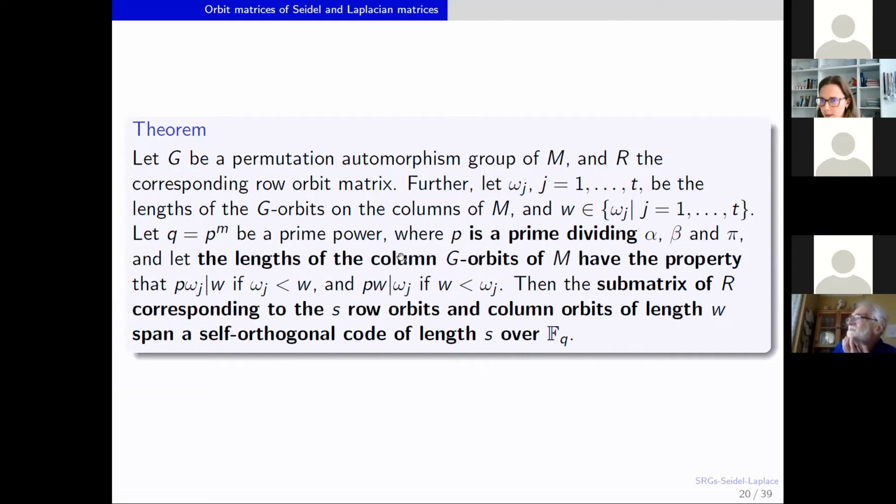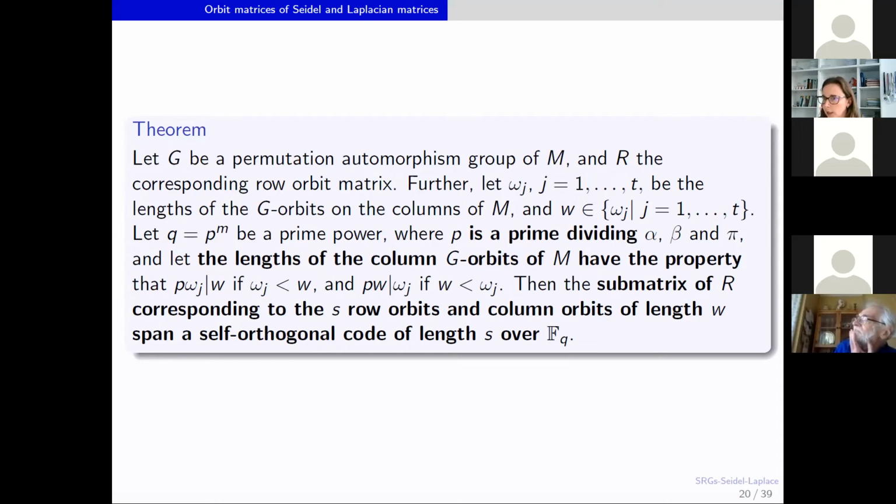So if Q is a prime power, where P is a prime dividing alpha, beta, and pi, and if the lengths of the column orbits have the property that P times omega j divides W if omega j is less than W, and PW divides omega j if W is less than omega j, then the submatrix of the orbit matrix corresponding to S row orbits and column orbits of length W will span a self-orthogonal code of length S over FQ.